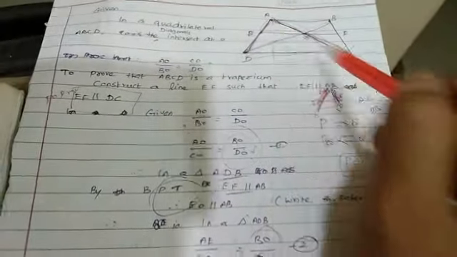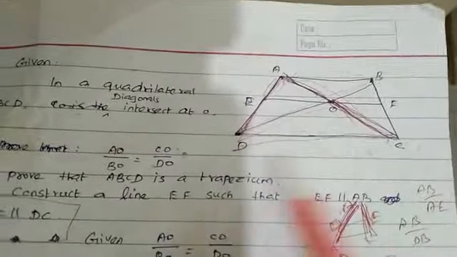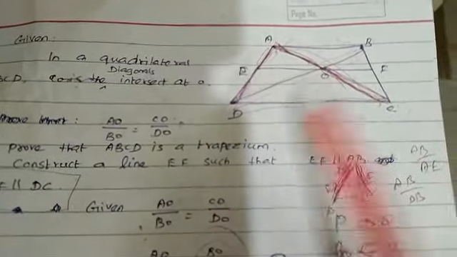In this triangle, this line is parallel because AE divided by ED equals AO divided by OC. We proved already that, as given, this line is parallel to AB, and now this line is parallel to CD. So automatically AB is parallel to CD, so ABCD is a trapezium. Thank you.